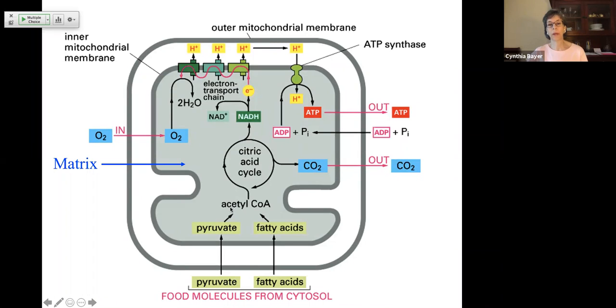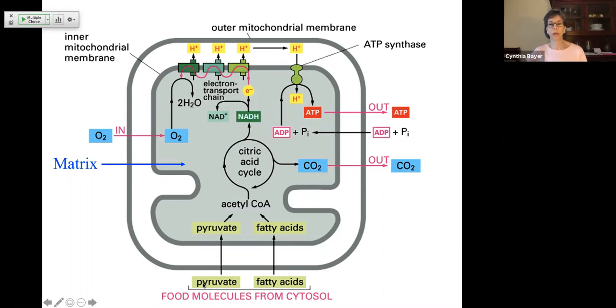That's our first step. And acetyl-CoA will then enter the citric acid cycle to continue the oxidation of that fuel molecule and completely oxidize the carbons that are present in the pyruvate. So that's what we're following, the processing, the oxidation of pyruvate.